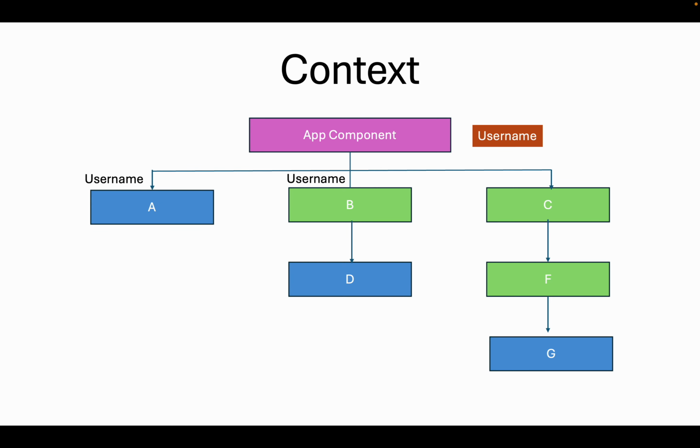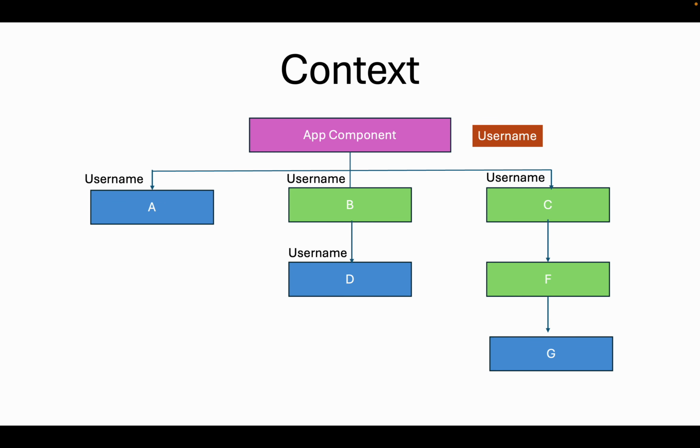Then the B component will manually pass the same username as a props to the D component. Although I don't need this username in component B, I am still restricted to pass it as a props because I want it in the D component.